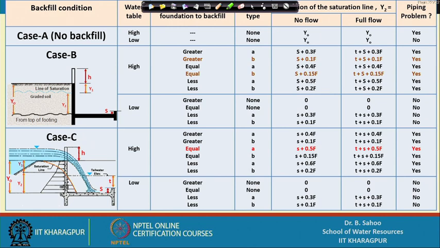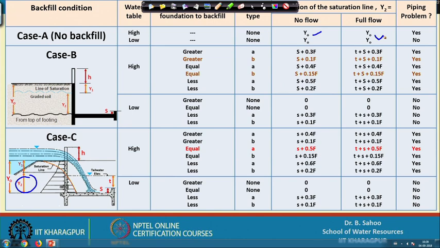You can see from this figure, y 2 is the elevation below the saturation line, and that can be estimated under no flow condition and under full flow condition. Under no flow condition, y 2 equals y naught for case A, and for full flow condition also y 2 equals y naught.